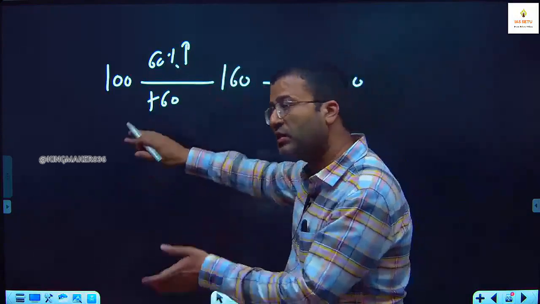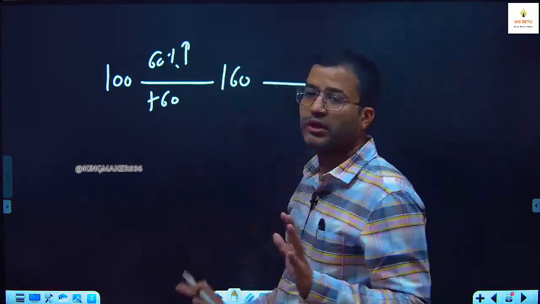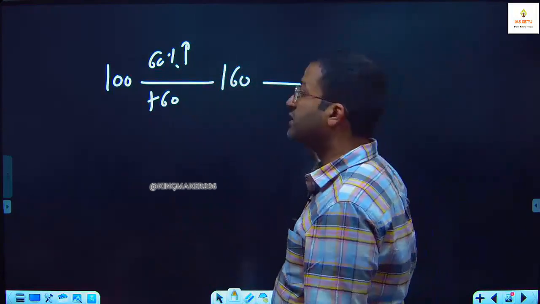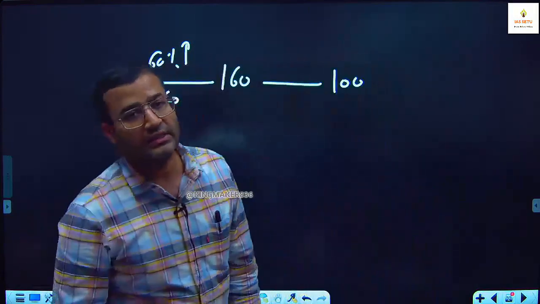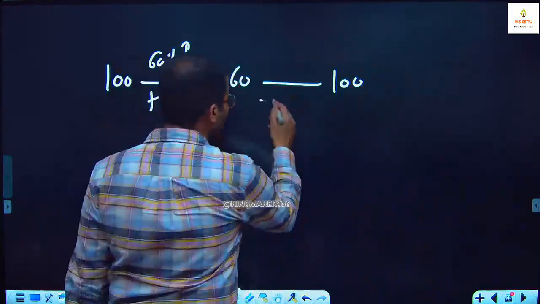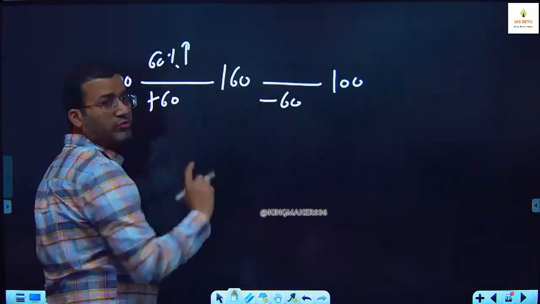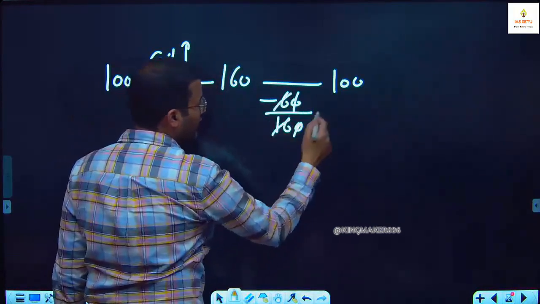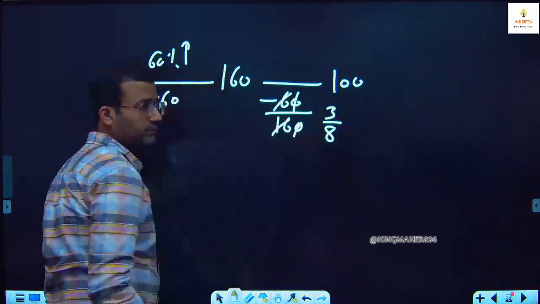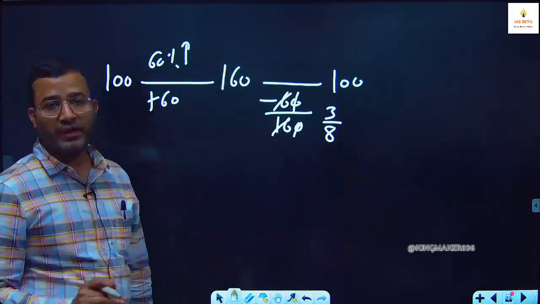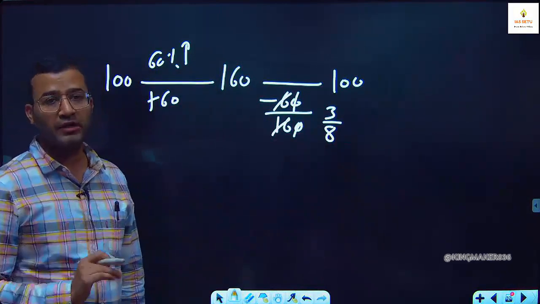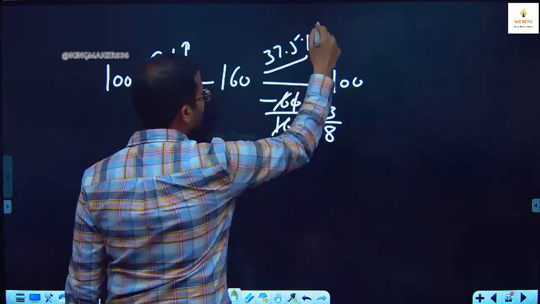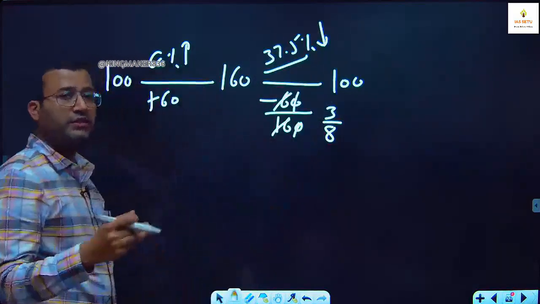Tell me from 160 to 100, increase or decrease? Decrease. How much? 60 out of 160. So 0 0 cancel, it is 3 by 8. 1 by 8 12.5%, 2 by 8 25%, 3 by 8 37.5% decrease in the consumption.